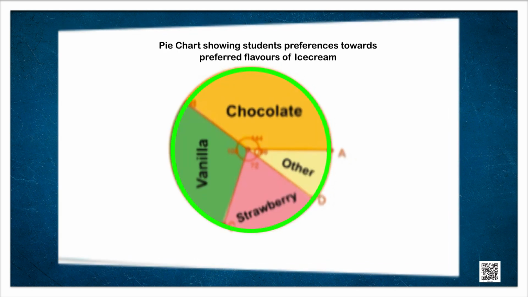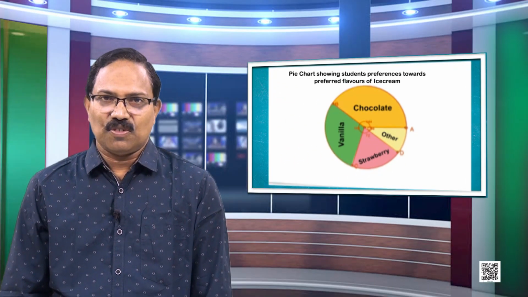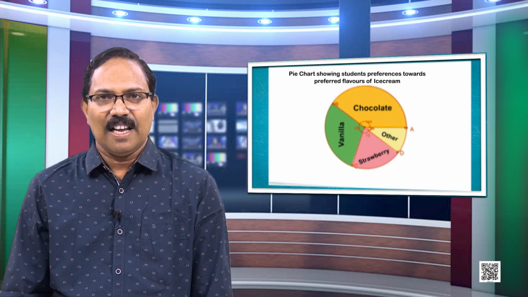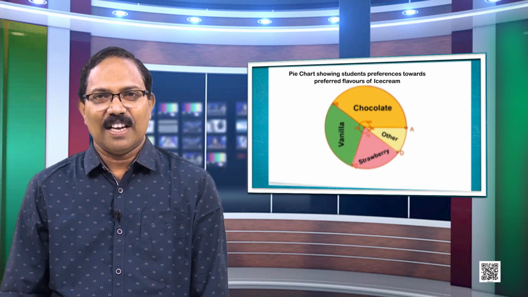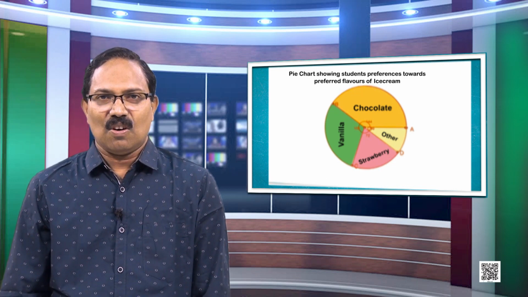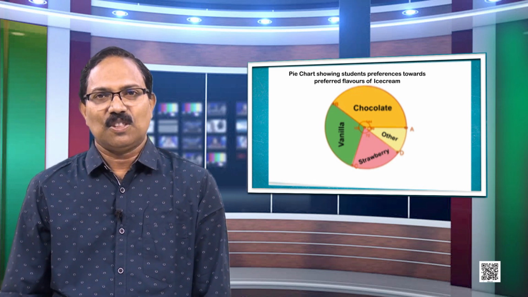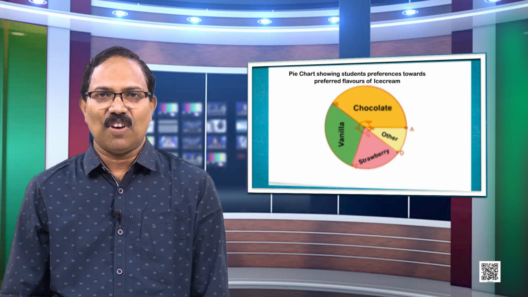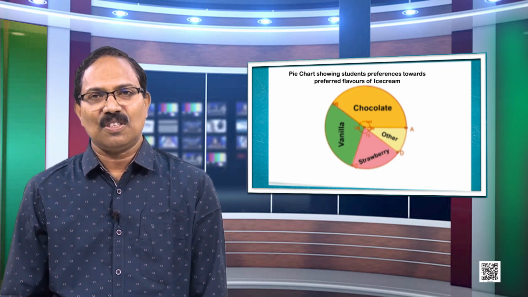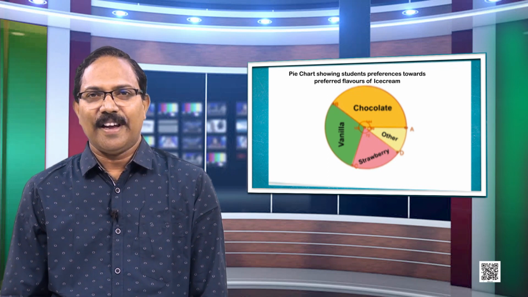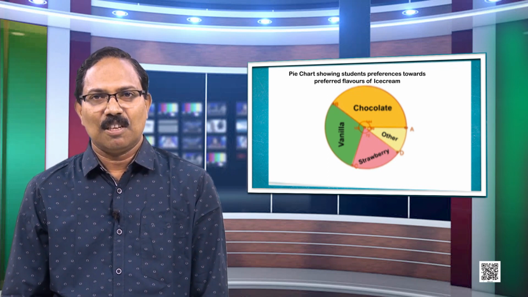So this is how you represent the choice of flavors of students in a pie chart. So we get a pie chart of the student preference for different flavors of ice cream. Students, have you understood how to draw a pie chart?